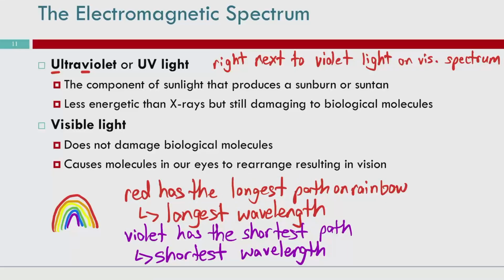Another way that we could remember this is knowing that UV light is right next to violet light. UV light can cause sunburns. That means that it's got a lot of energy. So violet light, because it's next to UV light, has the highest energy.